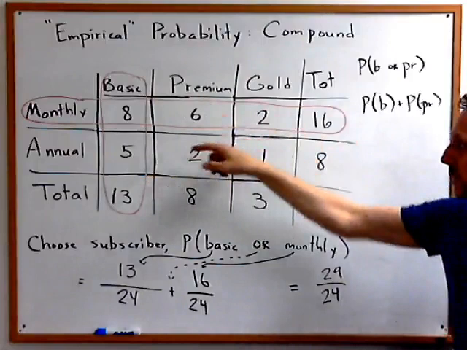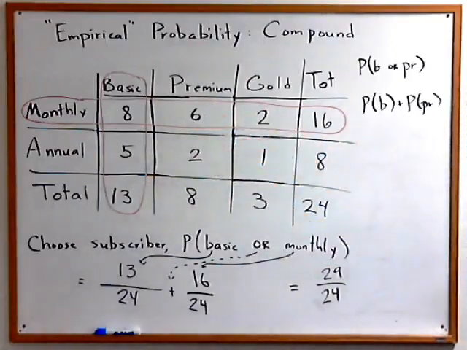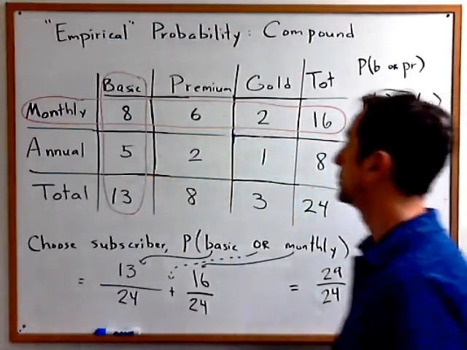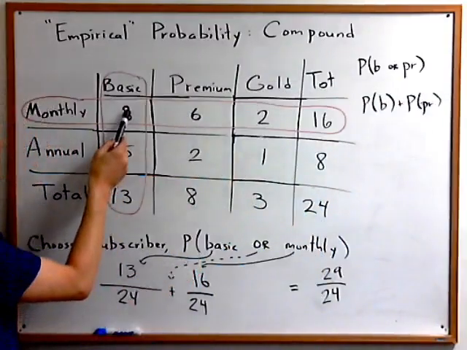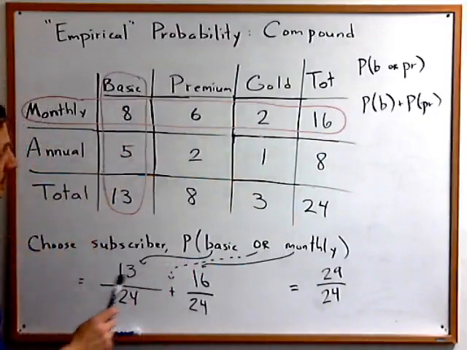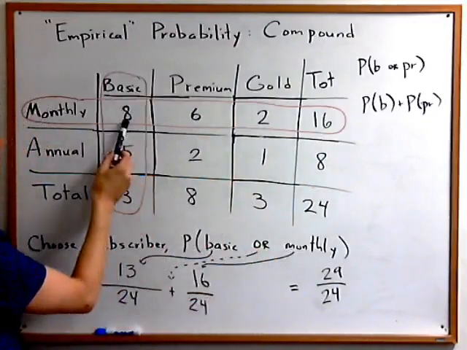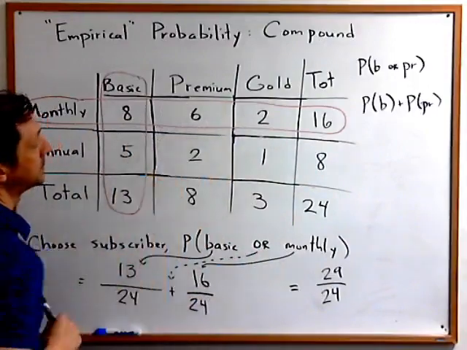When I circled this row and this column, what did you notice? They overlap each other. So if you're literally counting people and adding them up, you would be saying, basic, there are 8,000 plus 5,000. And then the monthly subscribers, 8,000 plus 6,000 plus 2,000.